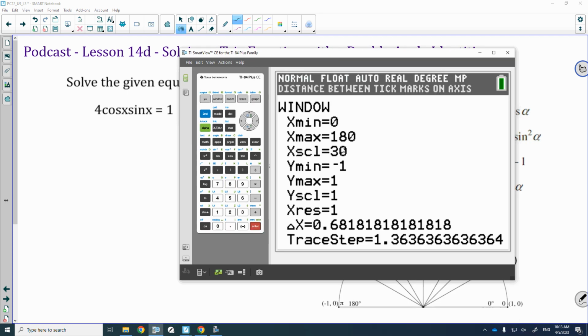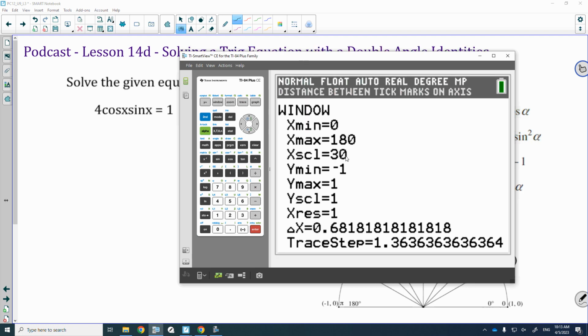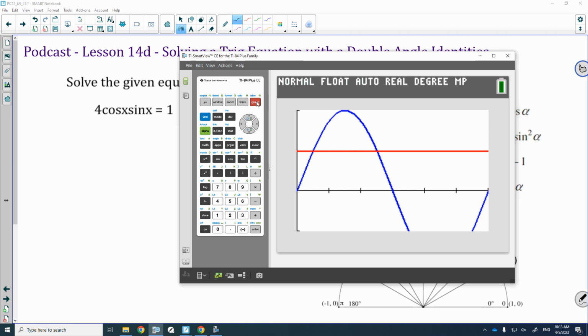I'm going to change my window. Like I said, I like going up to 30. I'm not going to go -1 to 1. I need to go past because I know that this is going to give me a straight line through 1. In this window, how many solutions do I have? I have 2 solutions. So let's get those solutions.